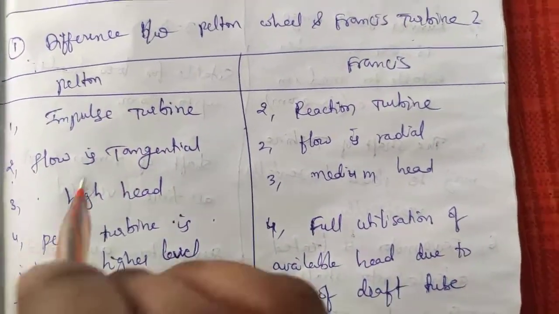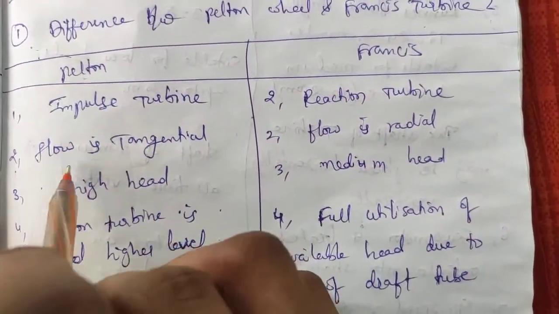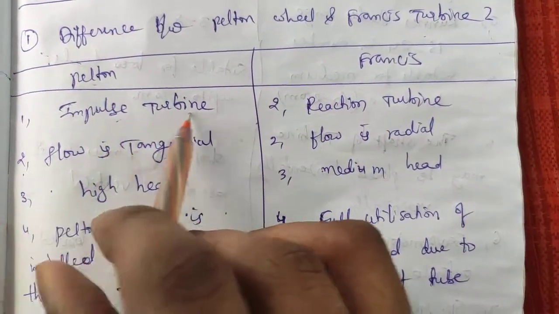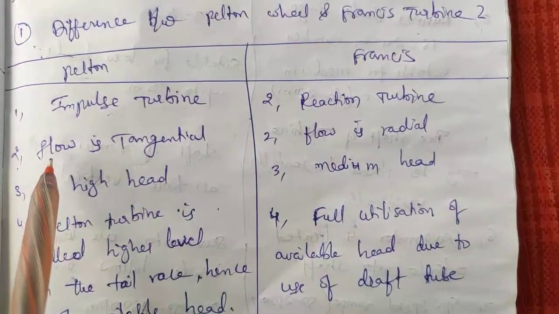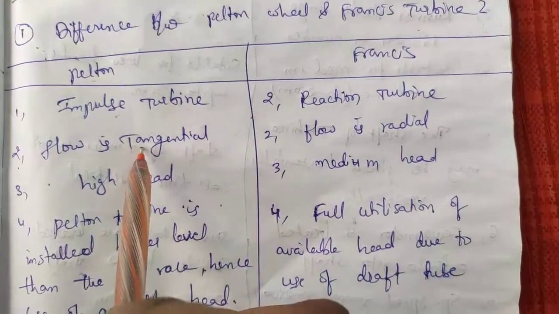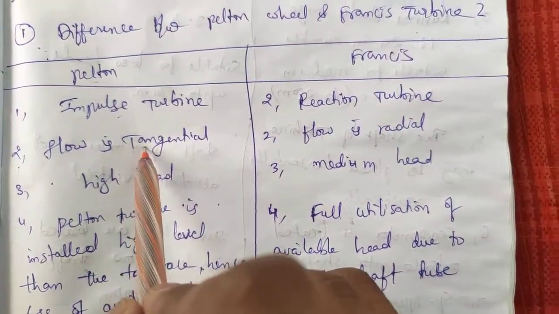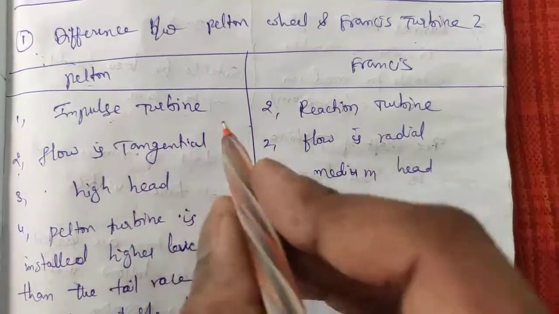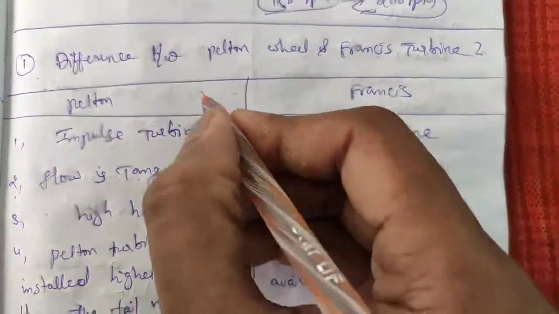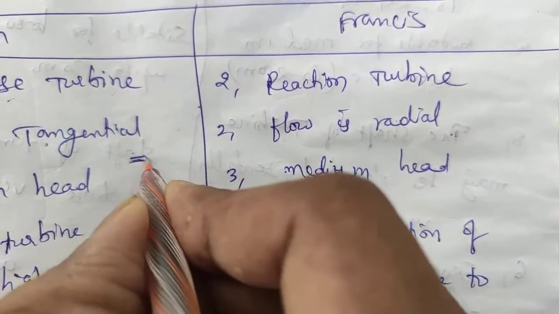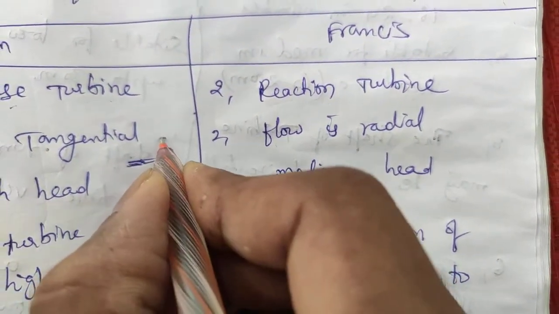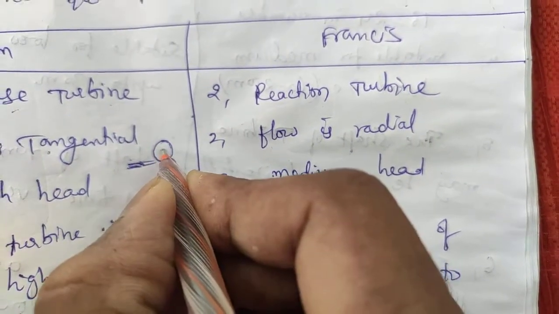Water turbine. So Pelton wheel is an impulse turbine type. Francis is a reaction turbine. Second one is the flow is tangential and flow is radial. Tangential means, this is the nozzle, this is the runner.